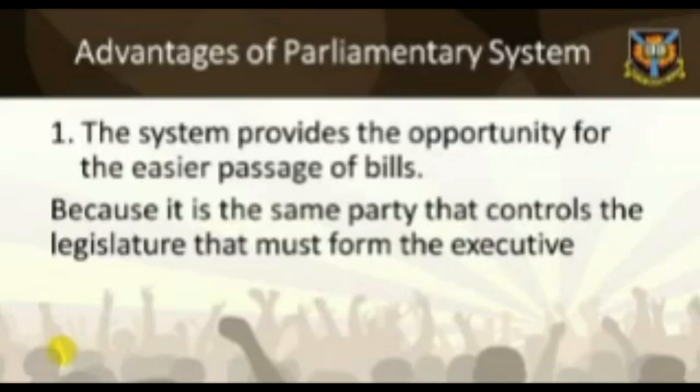In this case, the executive in the United States needed to persuade the Congress, that is, the Parliament, so much before it could have its sponsored legislations passed by the Congress. But in a parliamentary system, the cabinet members also participate in legislative deliberations, making it less difficult to have its legislations passed by the Parliament.